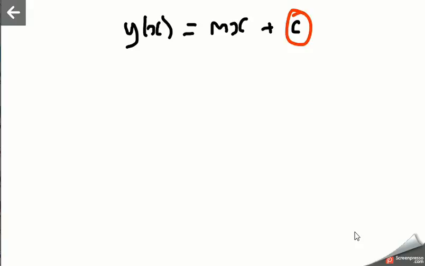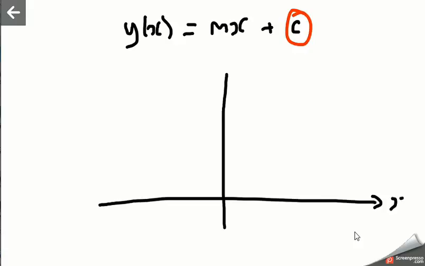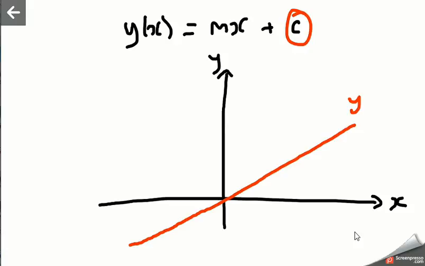Well, what does this c do? What happens when we add on c? It's going to be pretty clear to see with a quick example. So this is the x-axis, this is the y-axis. Now let's draw the graph y equals a half x. So this is the line y equals 1/2 x.